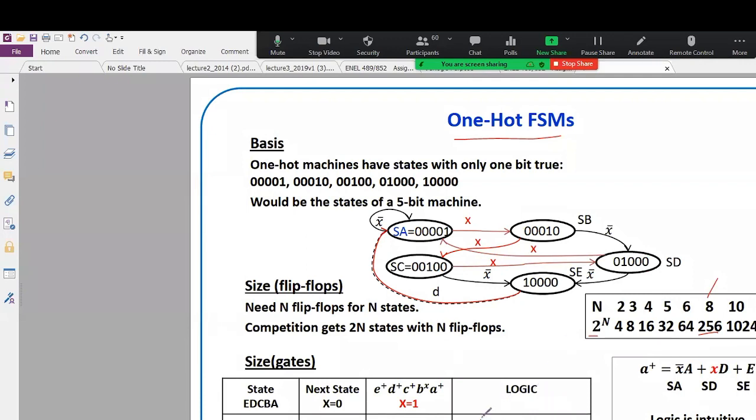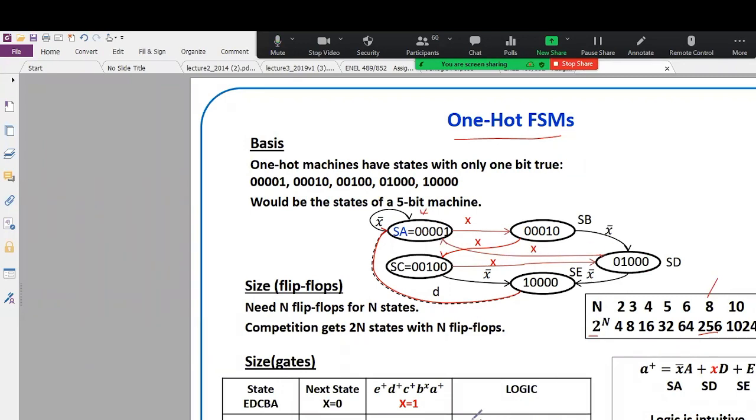Well, it turns out writing this logic is super simple. Let's look at state A. All we have to do is ask, how can we get to state A? There are 3 possible ways: stay in state A, come from state E, or come from state D. So I can write the logic directly.